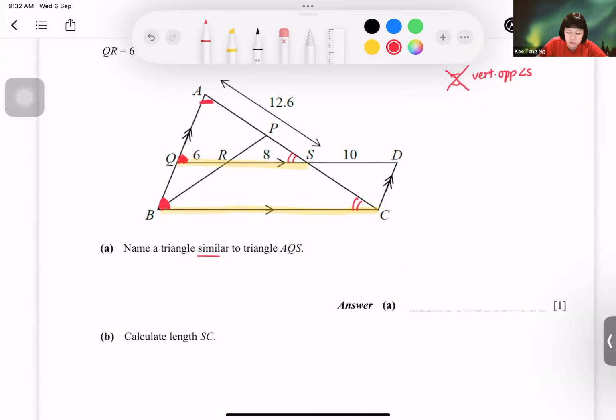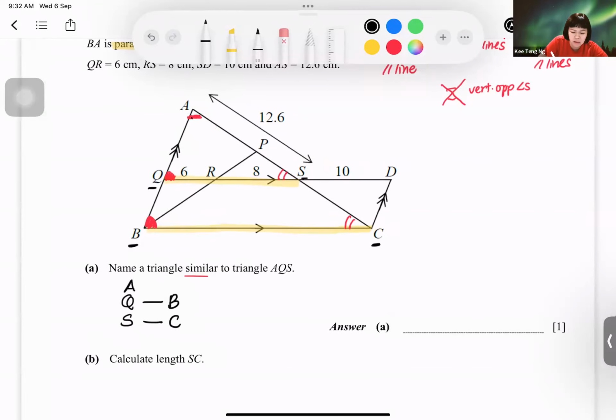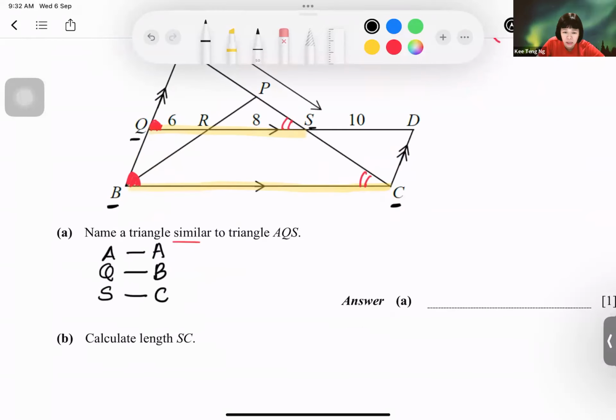So if I were to label this down, I will know that in AQS, angle Q corresponds to angle B, same angle, angle S corresponds to angle C, same angle, and angle A is the same angle. So name a triangle similar to AQS. Now let's go in order. AQS, then the triangle will be ABC. Please try not to mix it up.